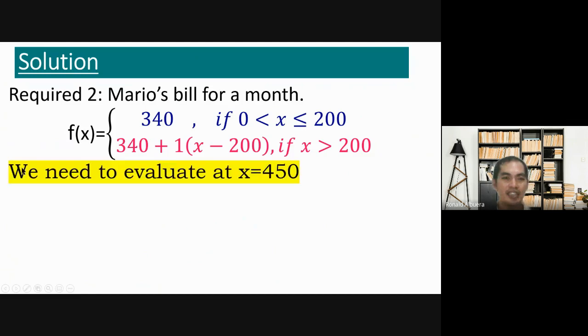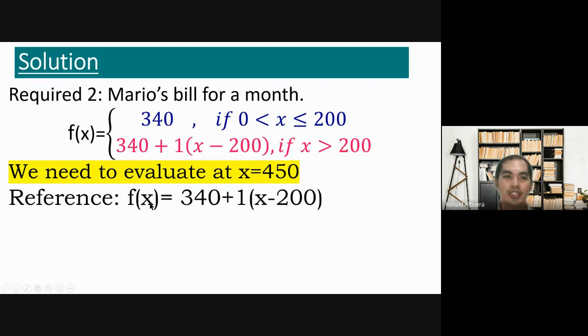As our step 3, we need to evaluate at x equals 450 kasi 450 messages ang nagamit ni Mario. So, ang reference natin ay itong 340 plus 1 times the quantity of x minus 200.